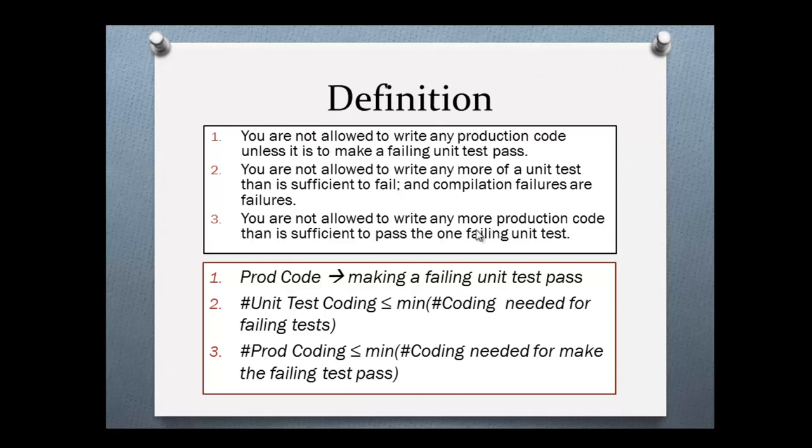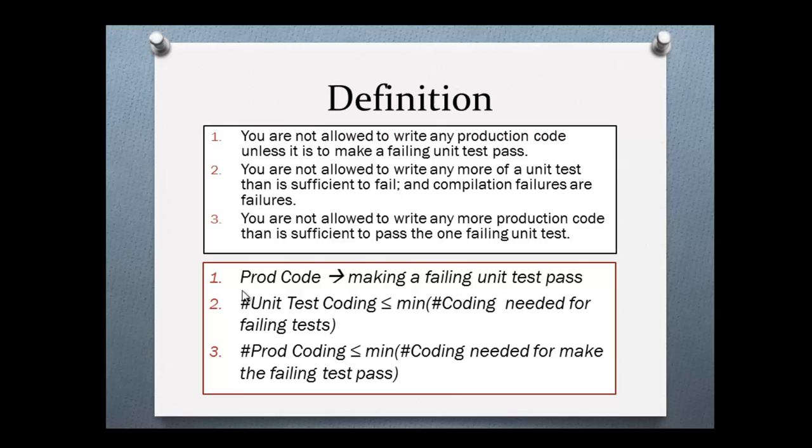Number 3, so it basically means that the amount of production code that you can write when you are in that mode must be less than or equal to the amount of code that is needed to make the failing test pass.